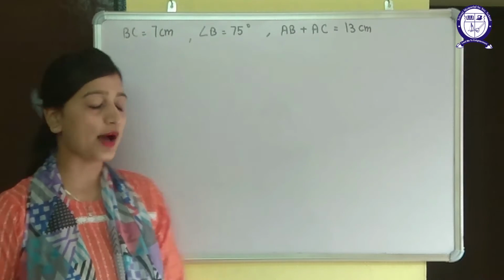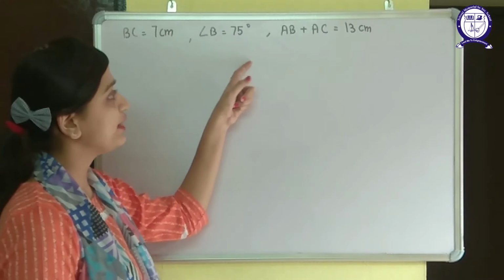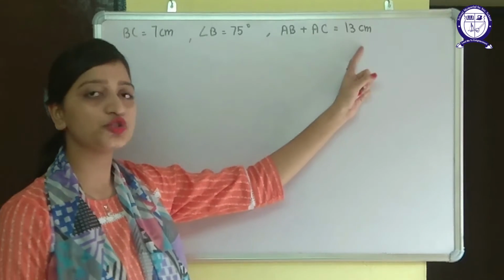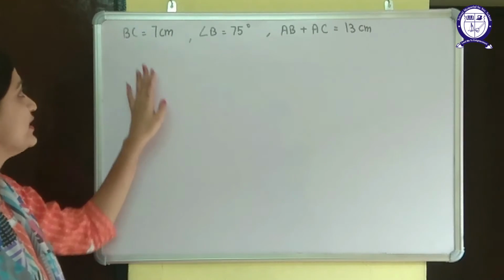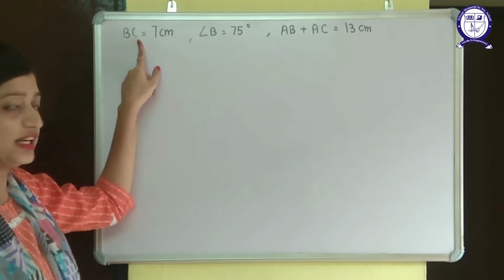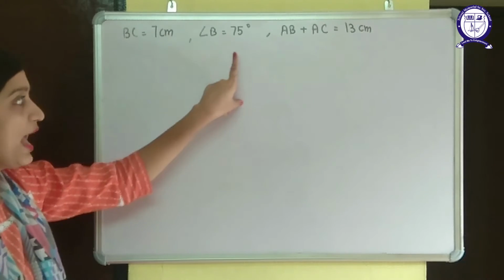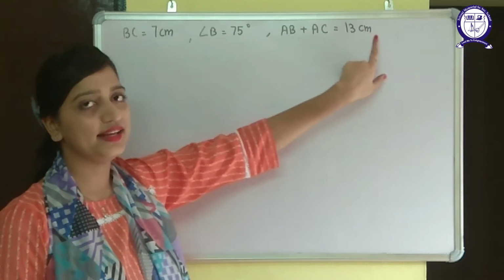Now let's take an example. BC equals 7 centimeter, angle B equals 75 degree and AB plus AC equals 13 centimeter. So you can see that the base is given, and a base angle, that is B or C. There are two base angles, one of them is given, angle B is given, and the sum of the other two sides is given.